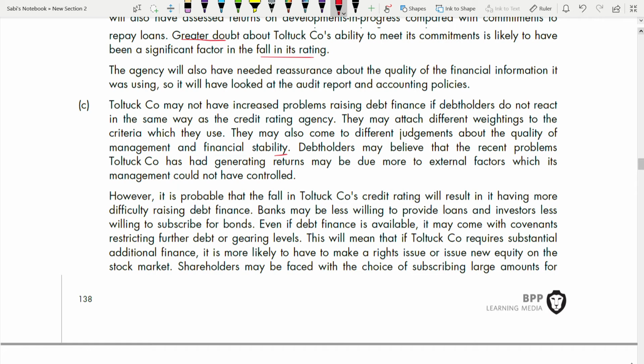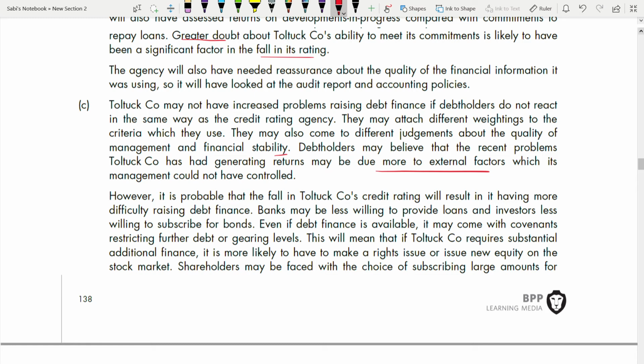Debt holders may believe that the reason for the problems Toltec has had generating returns may be due more to external factors which its management could not have controlled. If you see the reason problems in Toltec, what are they? It faced a recession for 2 years. The demand for residential property reduced. Why is that? Because of flooding and all in that location.